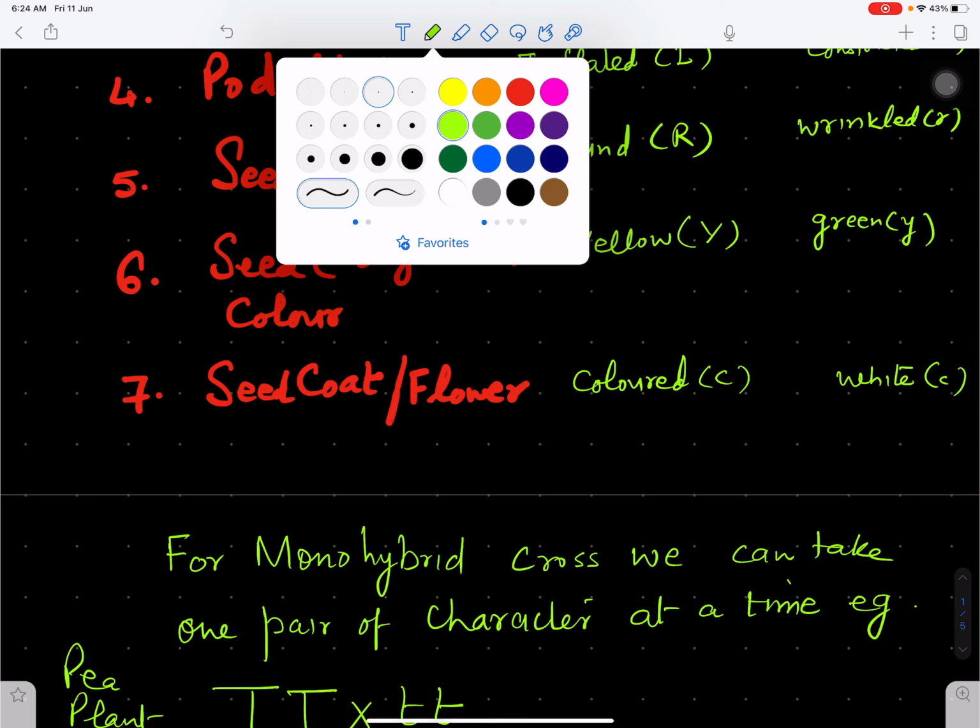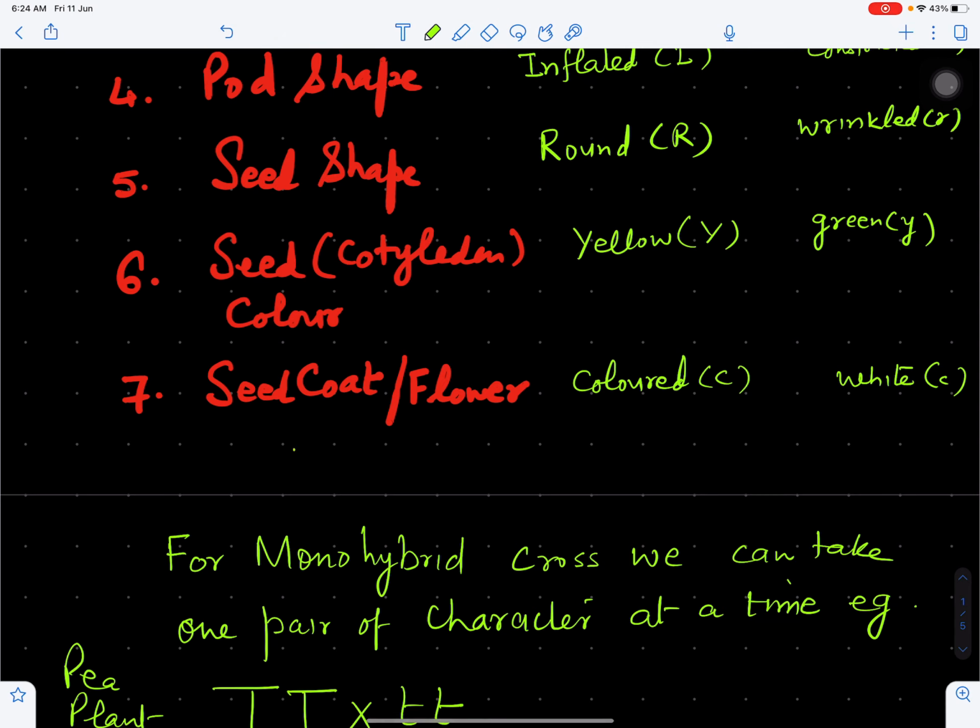These factors or genes are located on the chromosome. Suppose this is the factor or gene controlling a particular character. It may be dominant or recessive. For a monohybrid cross, we take one character at a time.